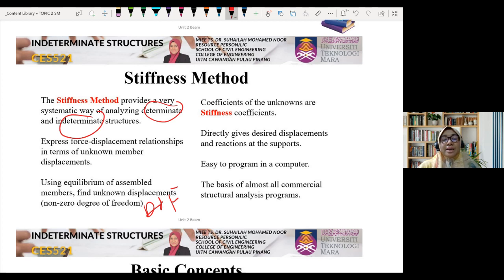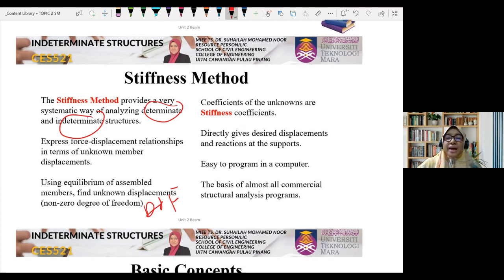In the opposite condition, there are non-zero degrees of freedom. In this stiffness method, we have unknown stiffness coefficients. For flexibility, we have the flexibility coefficient. So in stiffness method, the coefficient is called the stiffness coefficient.